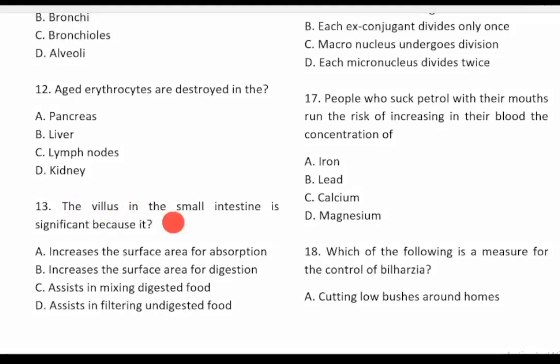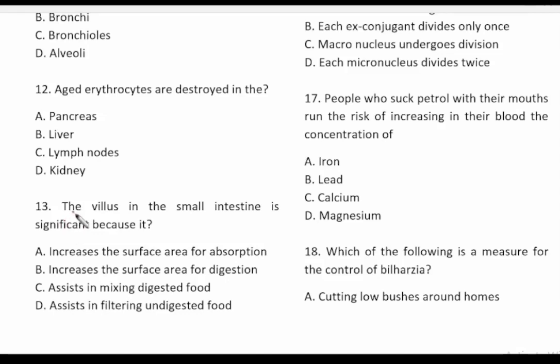The villus in the small intestine is significant because it A. increases the surface area for absorption, B. increases the surface area for digestion, C. assists in mixing digested food, D. assists in filtering undigested food. Now, the villus in the small intestine, they are finger-like structures that are found in the small intestine, and their function is to actually help to take nutrients from the small intestine into the bloodstream.